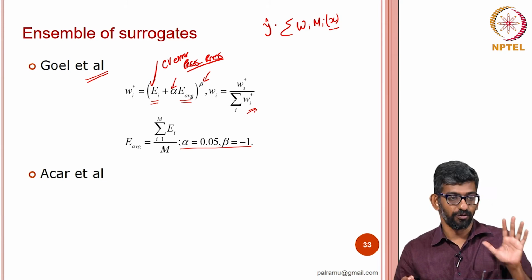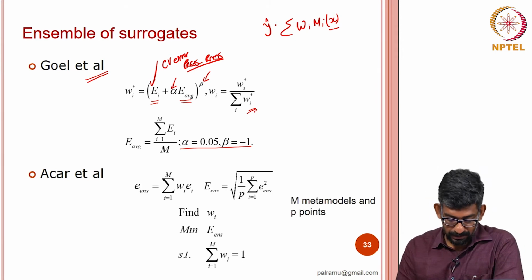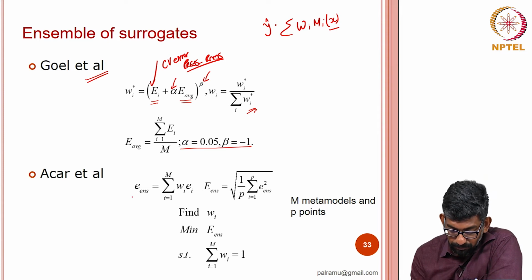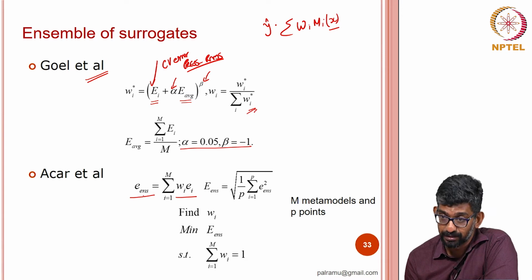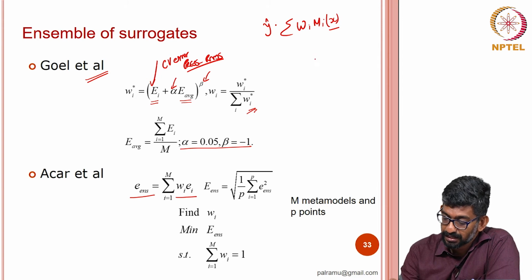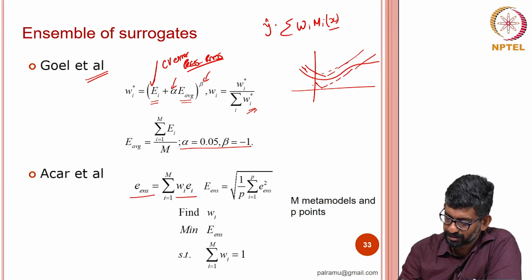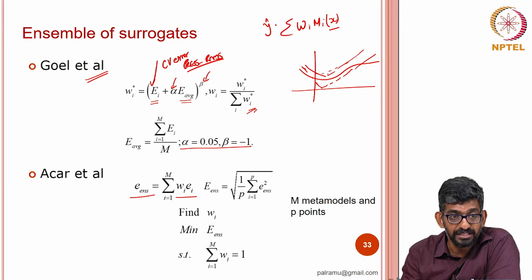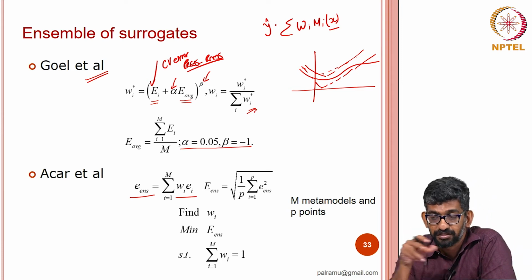Now, this is one way of looking at the ensemble approach. There is another paper that formulates it this way: the error of the ensemble is the sum of W_i E_i. If I have a function and different metamodels, whichever way it is, the ones that have the least error should be given the most weight, which means everything else will go to 0.